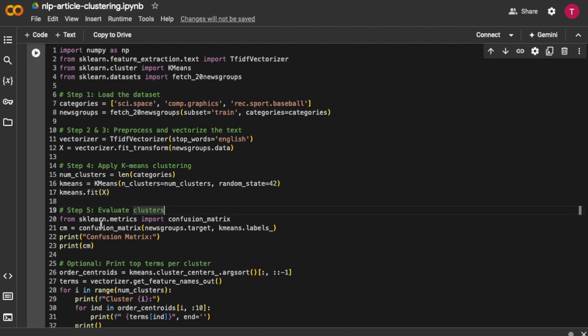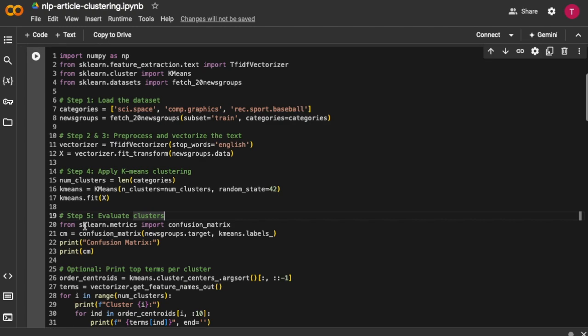To evaluate the clusters, I am going to import again from scikit-learn a confusion matrix. A confusion matrix allows us to quickly see how well the predictions on new data were actually made given the trained k-means model that I've created.